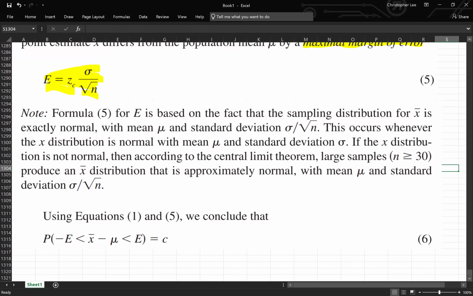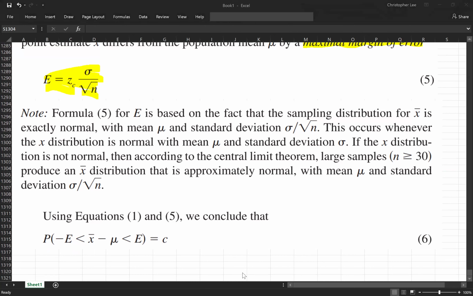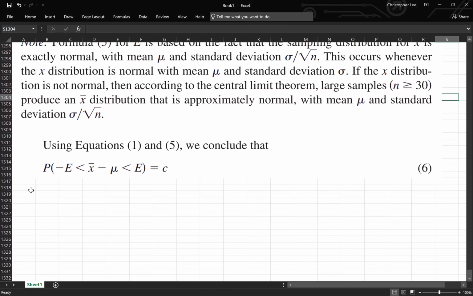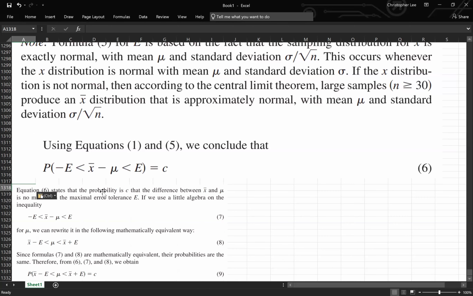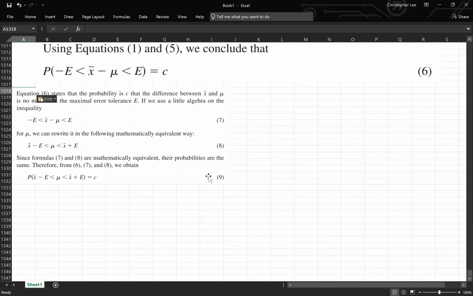All right. Let's take it up a notch. We'll get into that formula sheet formula right there.